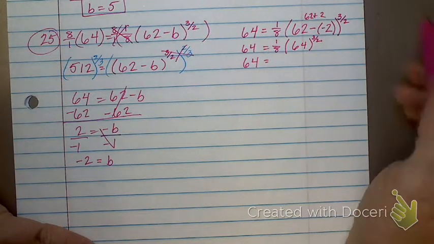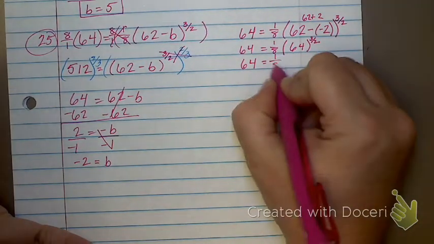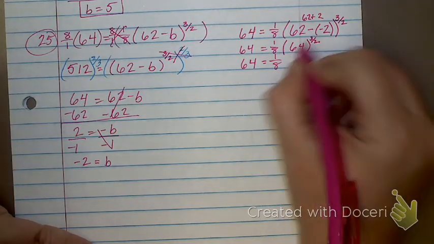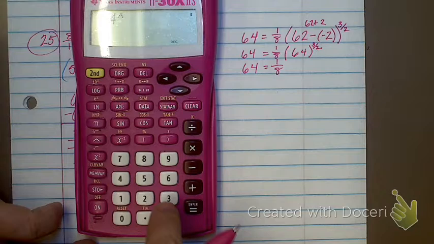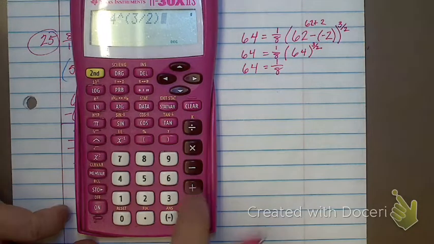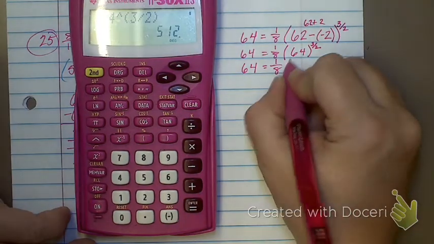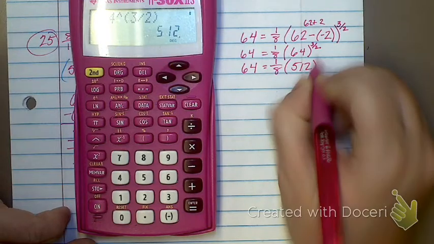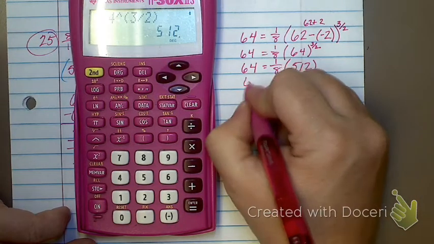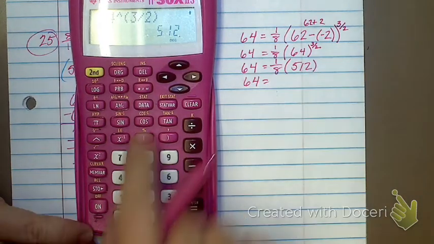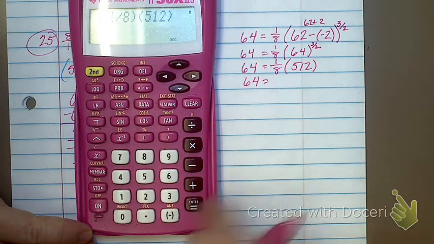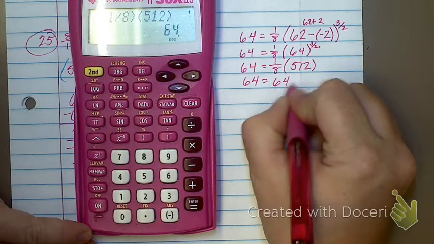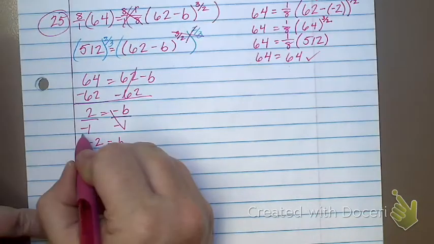You can do it on your calculator, or you can recognize that it's the square root of 64, which is 8, cubed, which is 512. So now my question is, does 64 equal 1/8 times 512? And it does. So my answer is good.